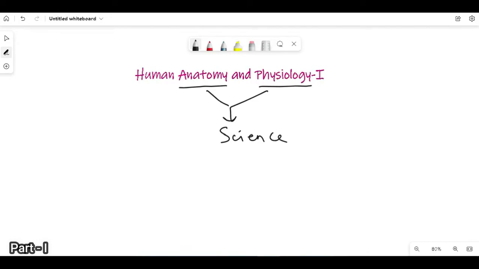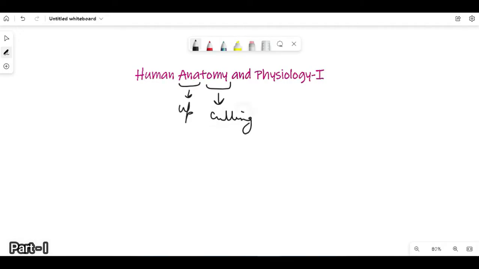And anatomy and physiology are each made up of two words. Anatomy: the first word is ana, which means up, and tomy means process of cutting. The other term is physiology.